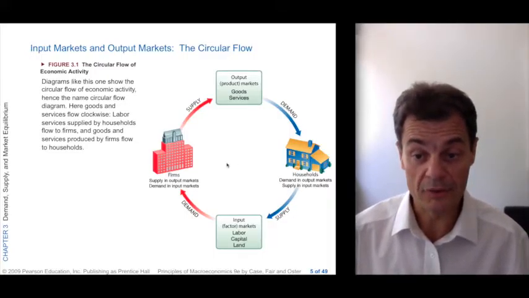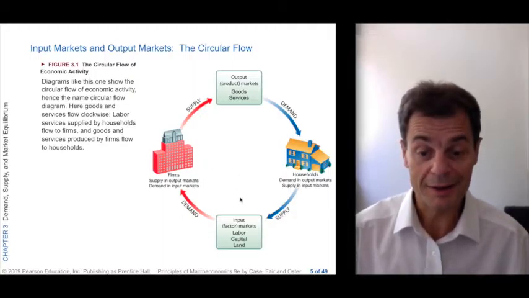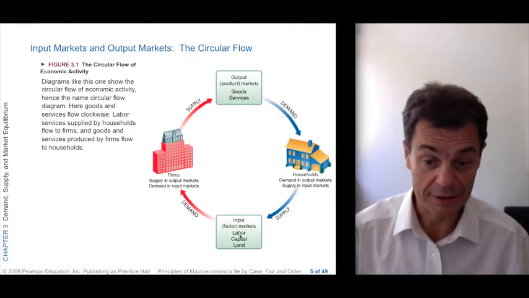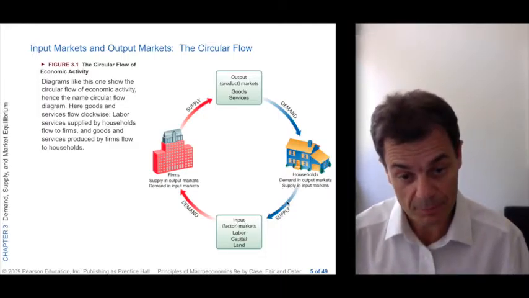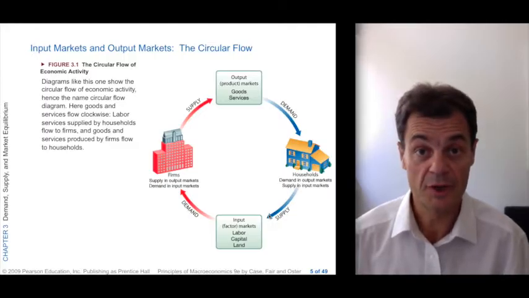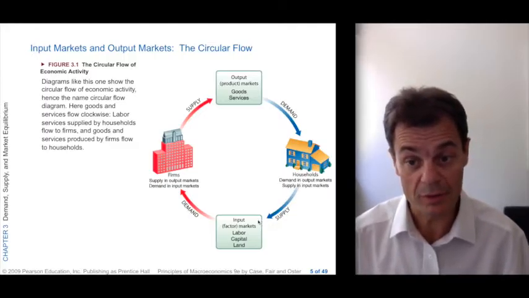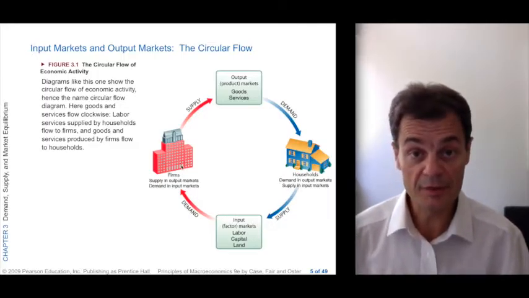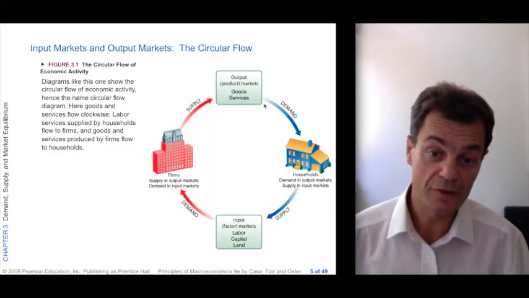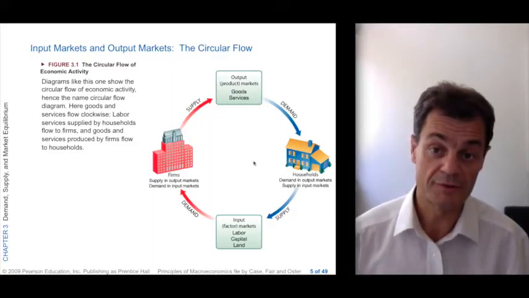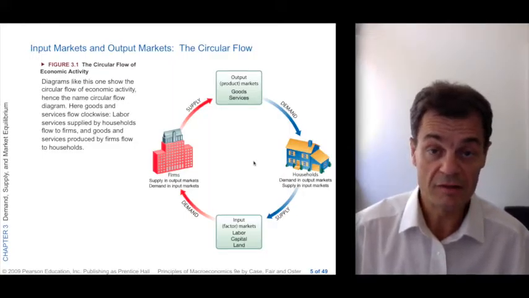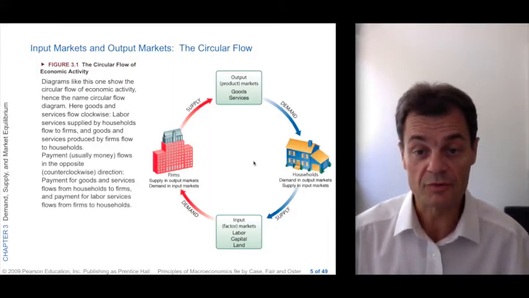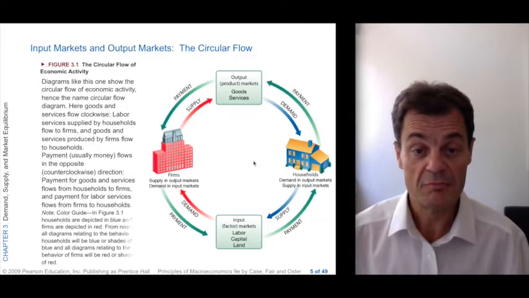The other way around, the firms, to make the products, require labor, capital, money and land. And these input factors are supplied by the households. So the households supply the labor and the money to the companies. The company makes the product and supplies the goods to the households. And around this circle of factors and goods, there is obviously a circle of money.